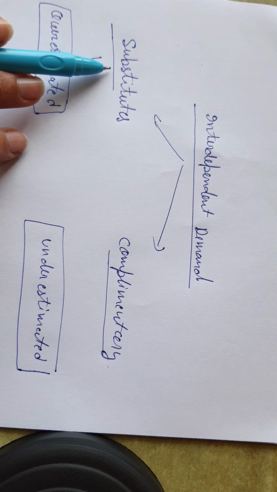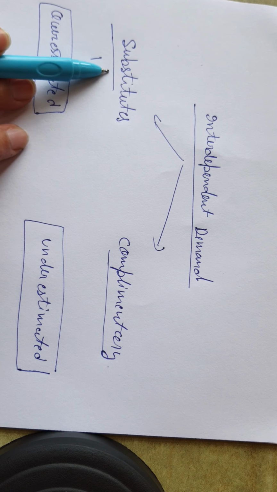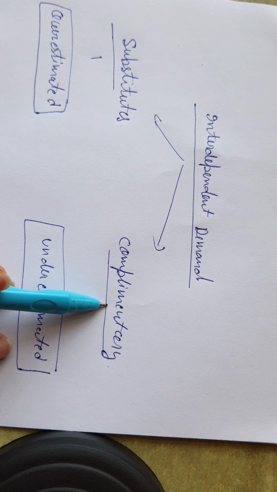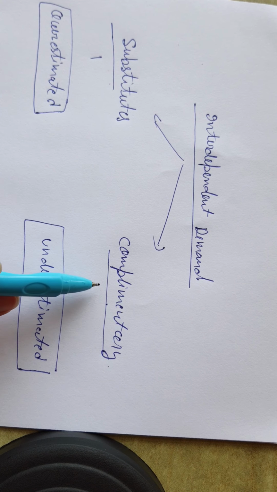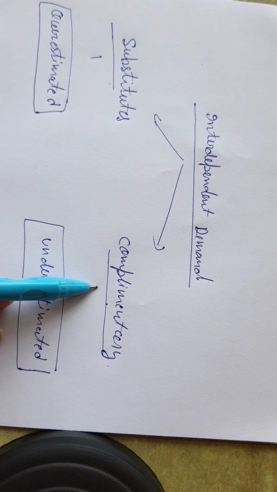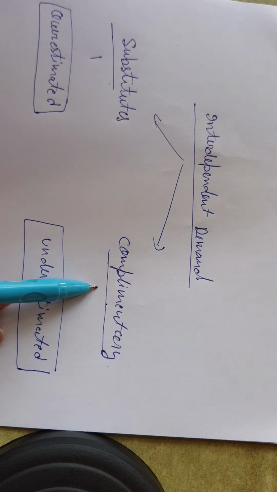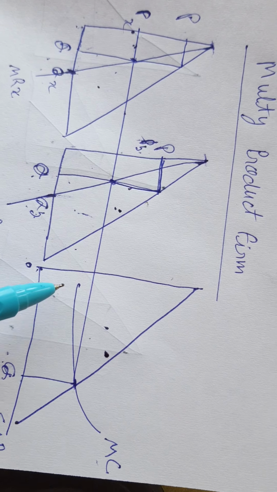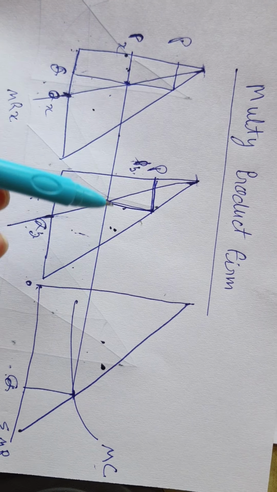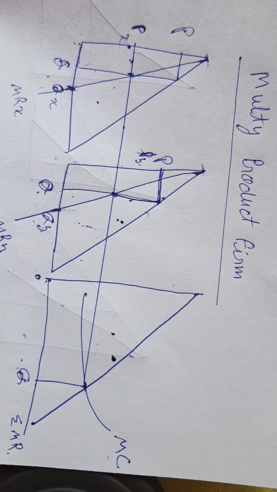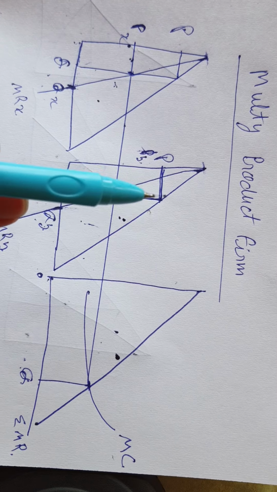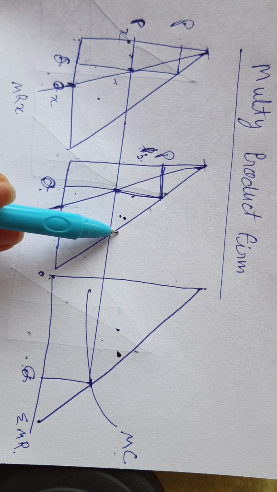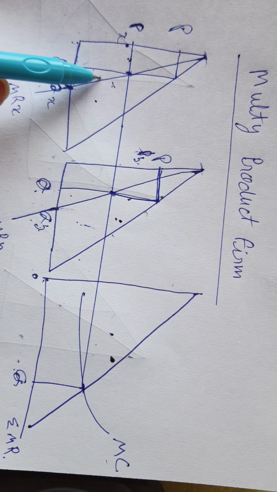Because either we have taken substitutes or complementary commodities as an example. When we are dealing with substitute or complementary commodities, we cannot decide like this. It will work only if the demand of both products is independent. How much of X you are selling will not affect the demand of Y, and how much of Y you are selling will not affect the demand of X.